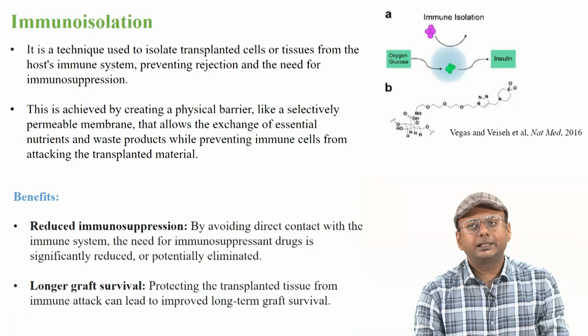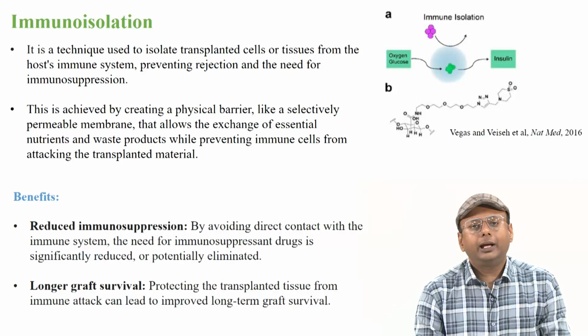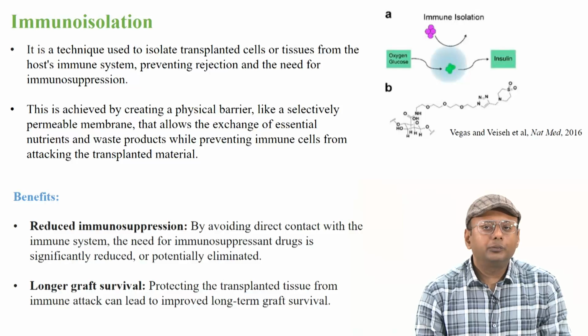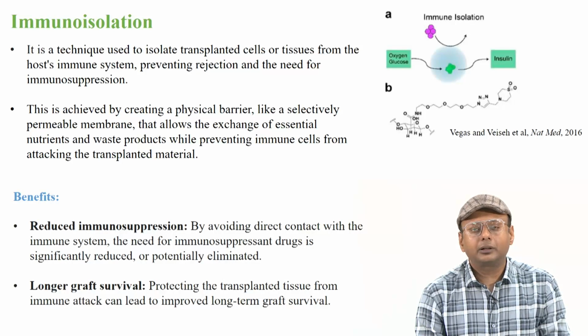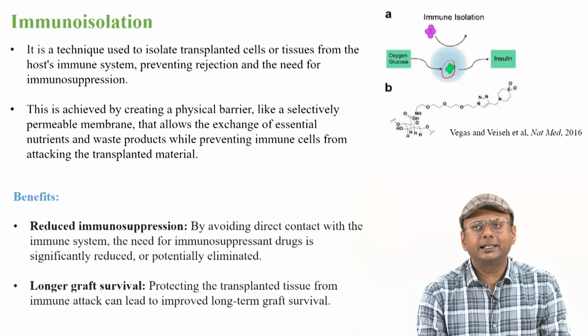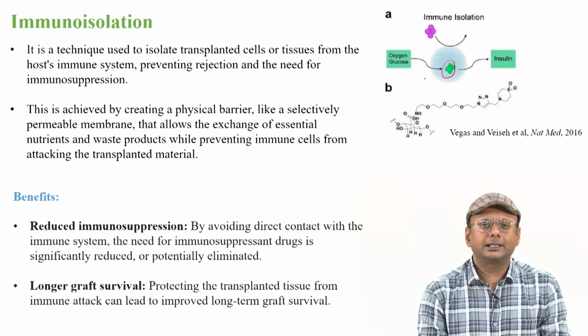So this is the process which is basically called immunoisolation, where we can use either a small molecule conjugated alginate or different other polymers that can isolate the therapeutic cells from the surrounding environment where active immune cells are there.